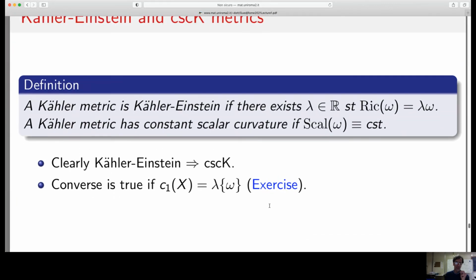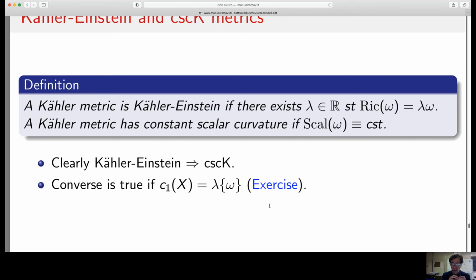But first of all, we have to say that if a Kahler-Einstein metric exists, then clearly Ricci omega and lambda omega must be in the same cohomology class. We know that the cohomology class of the Ricci form is the first Chern class.